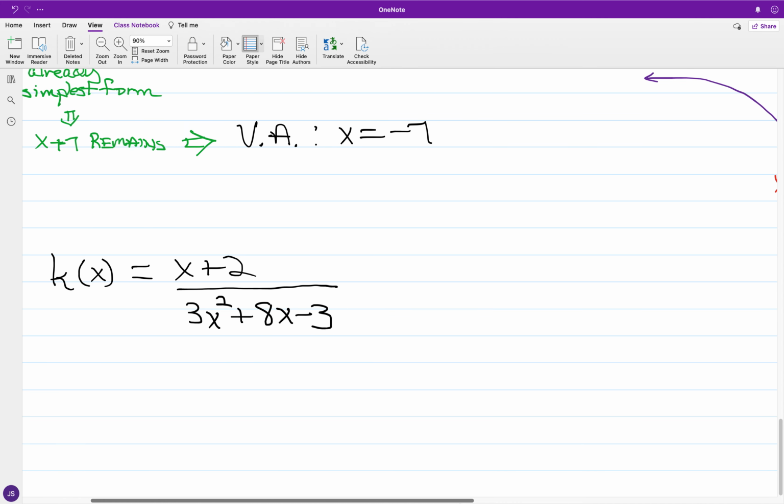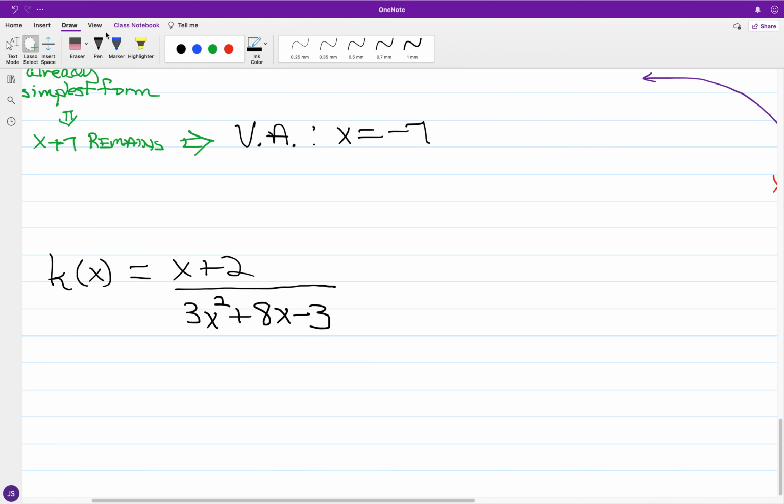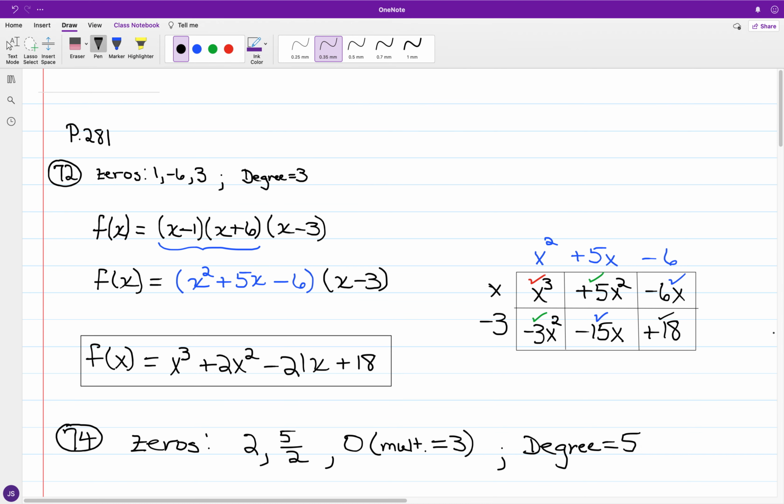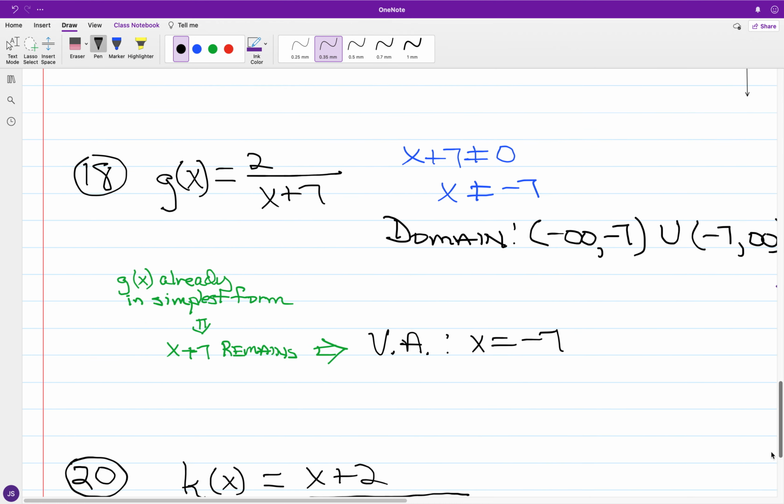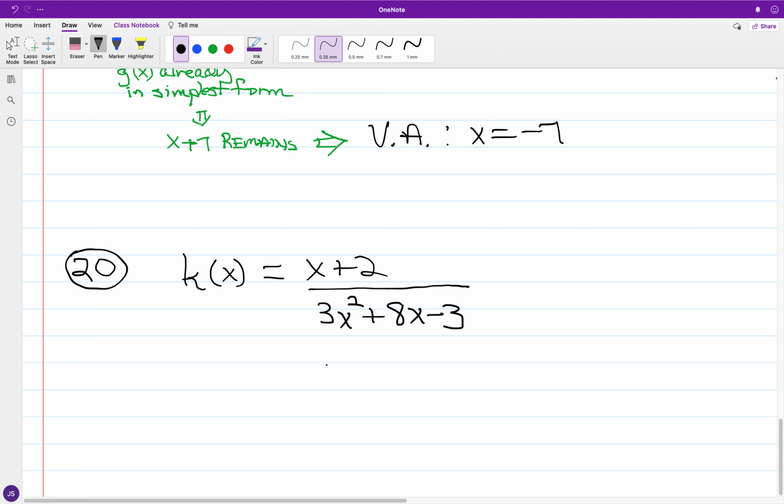And so, just kind of stepping to the side here, we have 3x squared plus 8x minus 3. Again, you can use trial and error since we have relatively low valued coefficients.